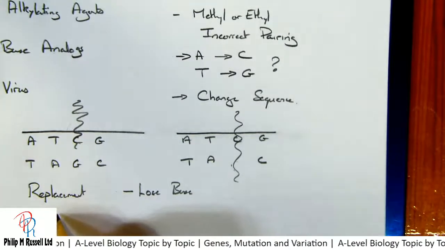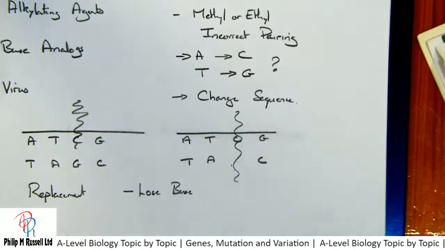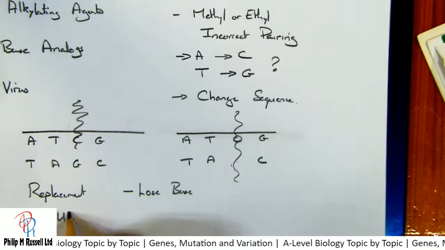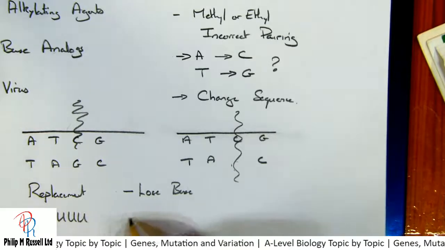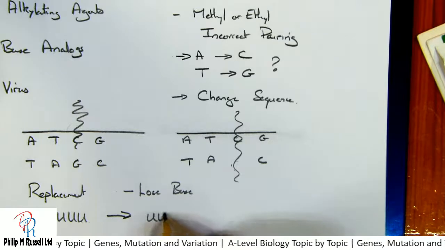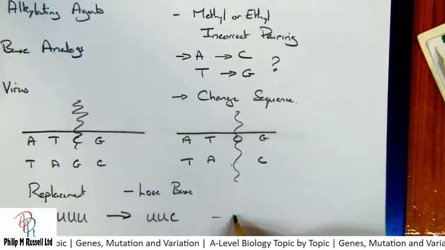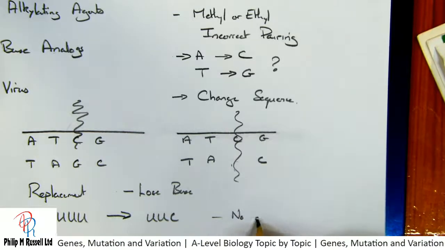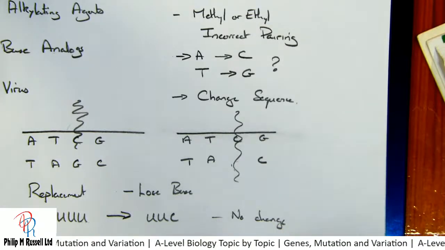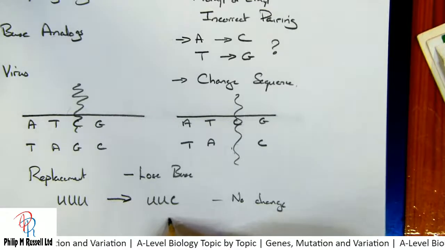If I have a replacement, for instance, and I'm just looking at the RNA sequence here, if we go from UUU to UUC, we're not seeing any change, because that is phenylalanine going to phenylalanine.